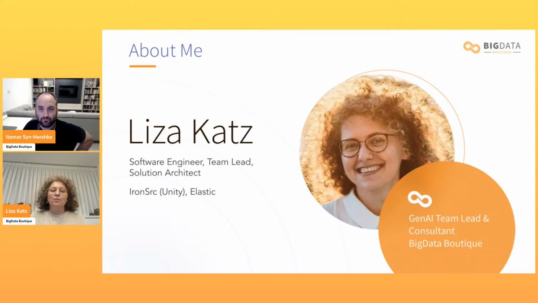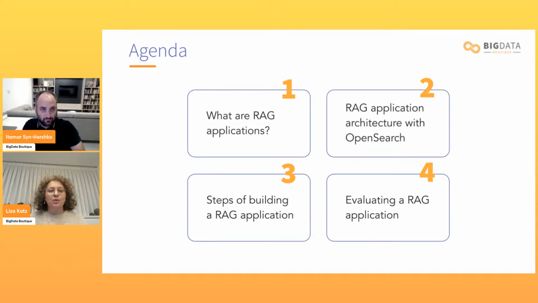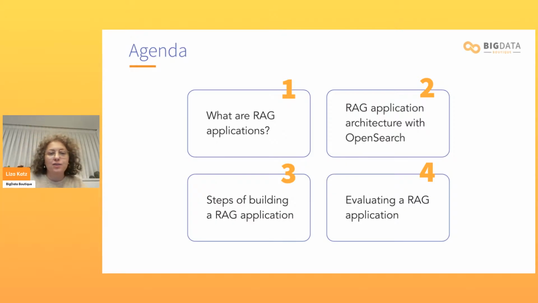And today we're going to be taking a crash course about building RAG applications with OpenSearch. Before we get started, I'd like to prepare the stage and talk a bit about what expects us today. It's going to be a journey. First of all, we're going to talk about what RAG applications are. This term is being thrown around pretty often, but I want to explain what they are and how they fit into the realm of LLM applications. Then we're going to talk about a high-level overview of what RAG application architecture looks like.